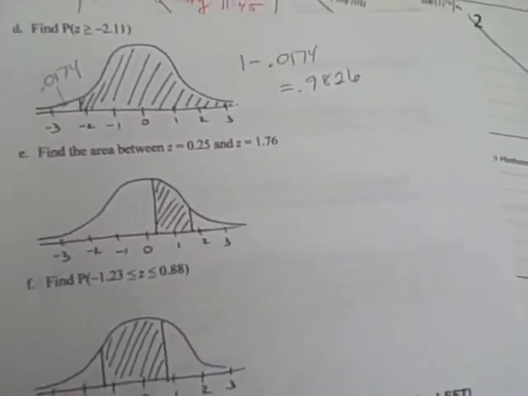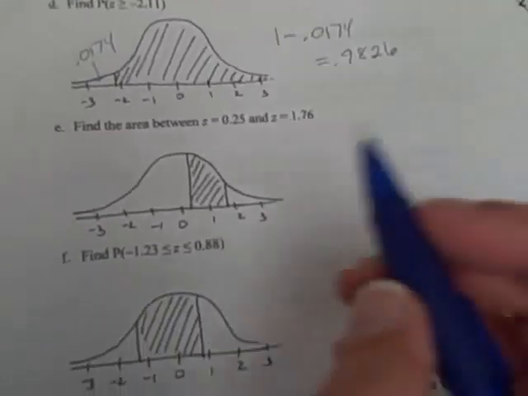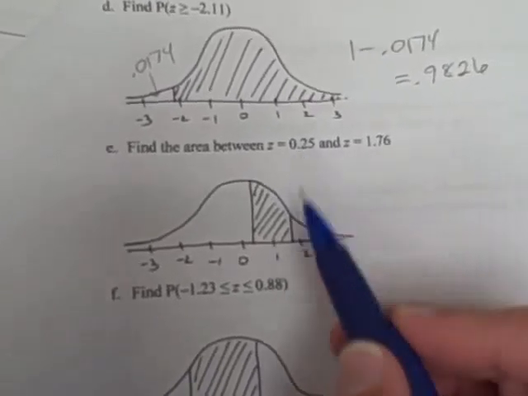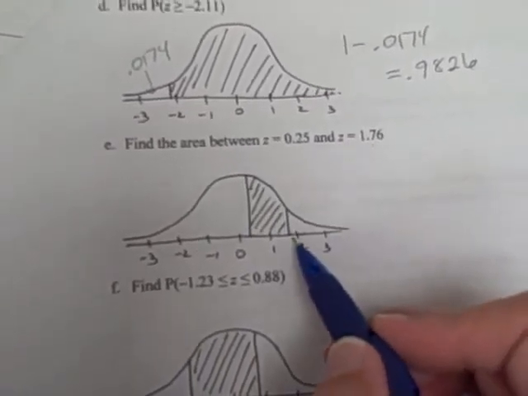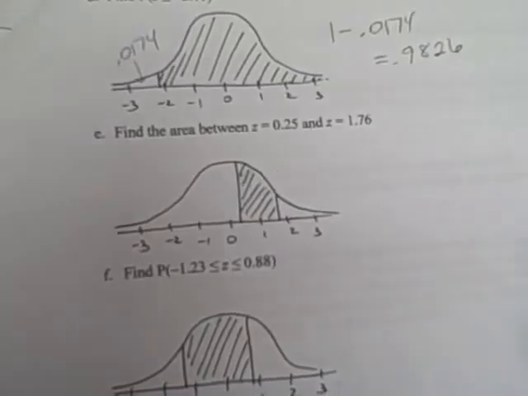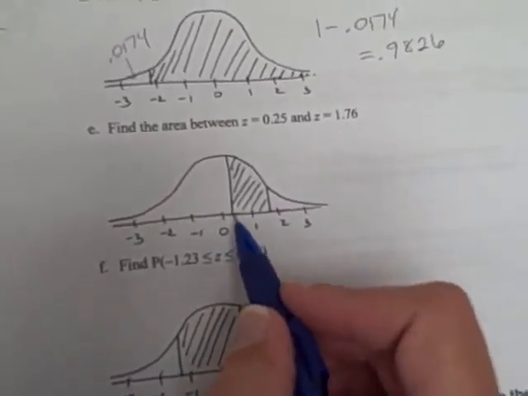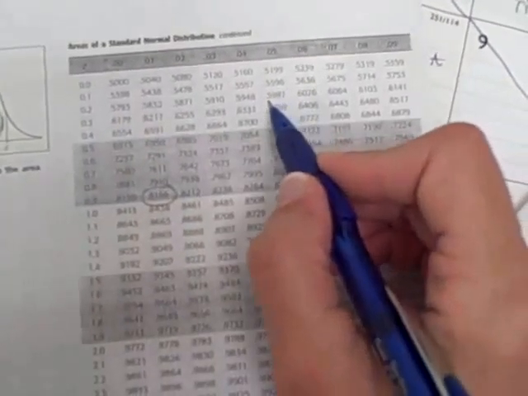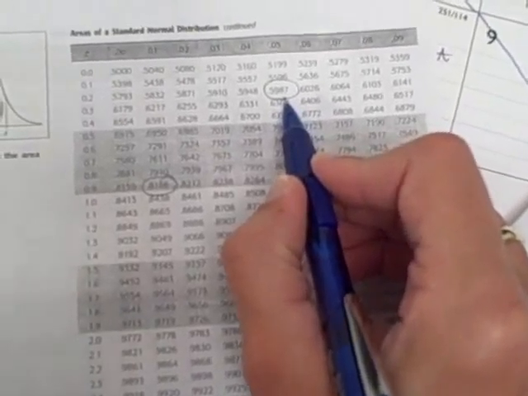All right, so we've done areas to the left, we've done areas to the right. Let's do areas between. We want the area between 0.25 and 1.76. So again, let's look both of these up. If we look up 0.25 in our table, 0.25 is 0.5987.